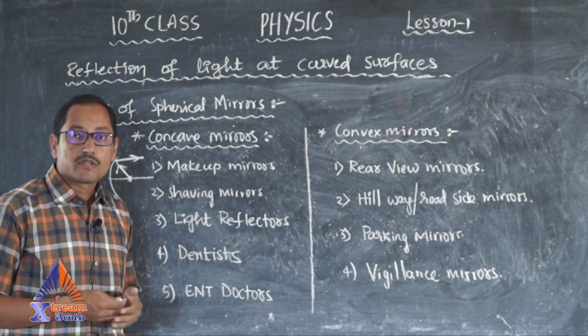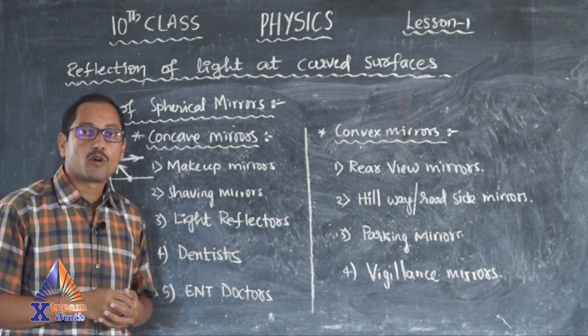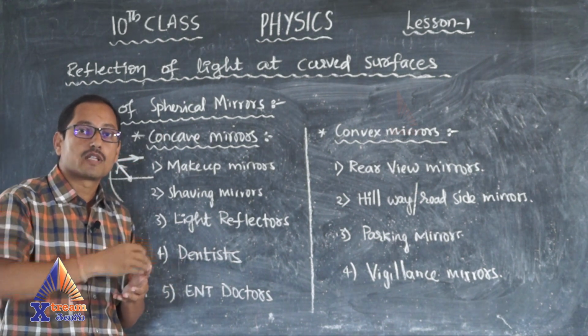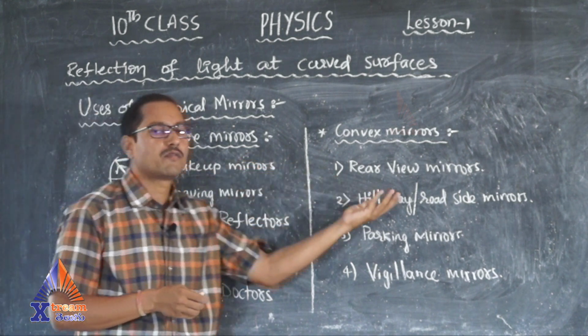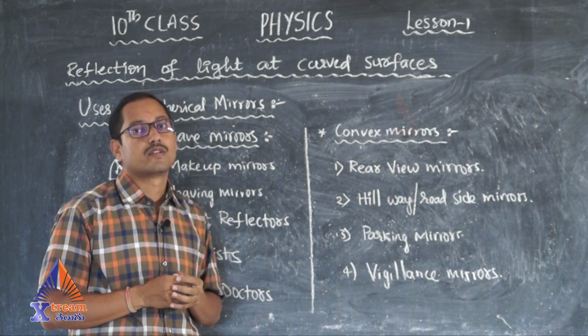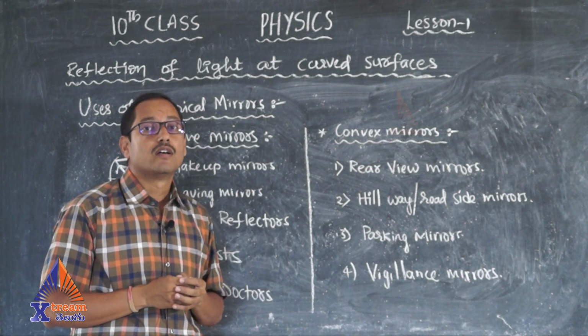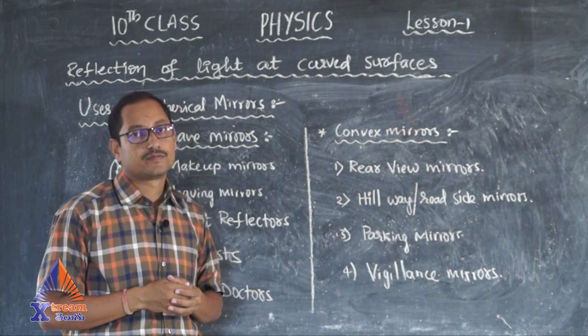So concave mirrors are used when we need a magnified image to be obtained, or we need light to be reflected to a farther distance. Coming to the convex mirror, convex mirrors are used when we require a wide scope to be covered.